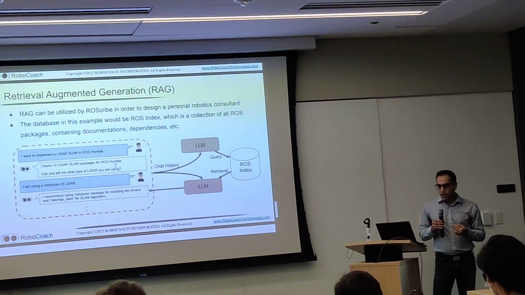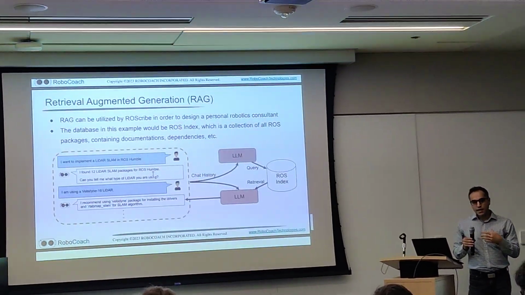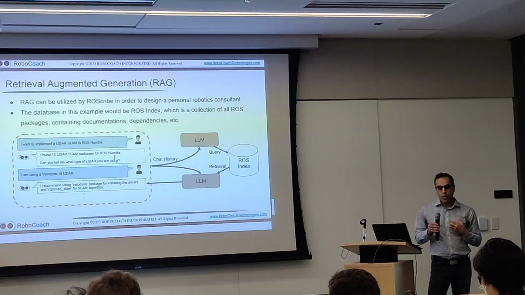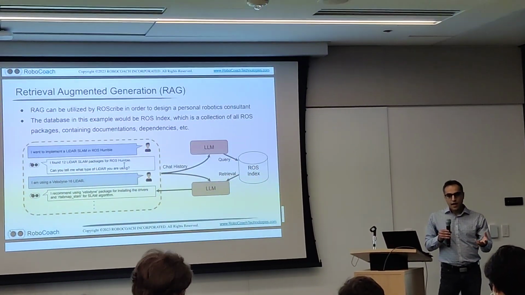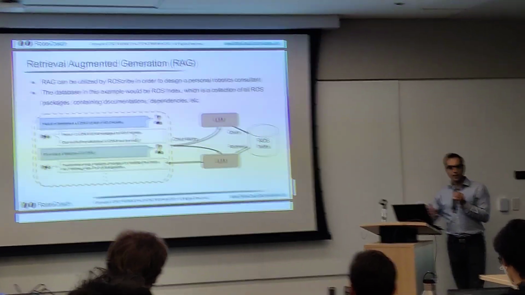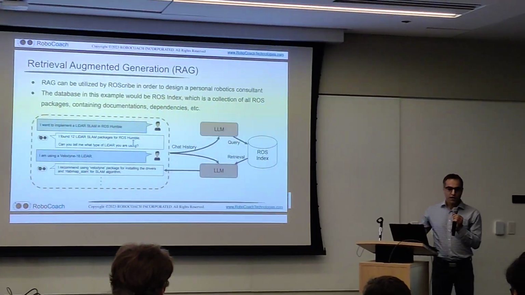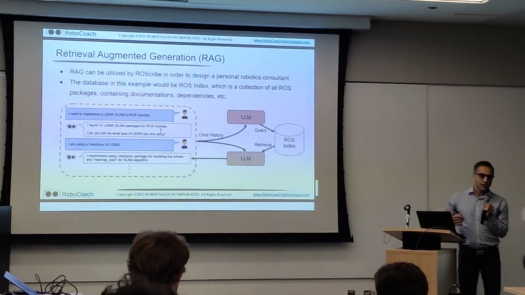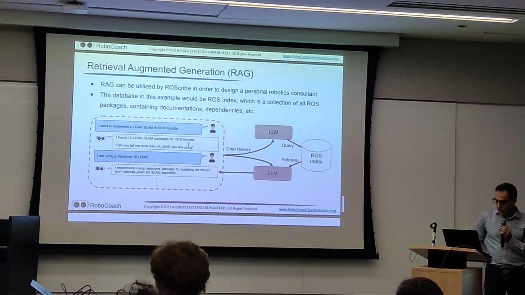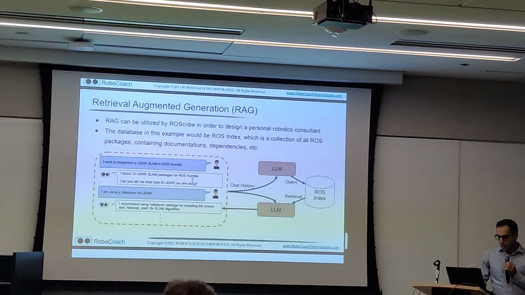The communication and the database handling are done by the LLM, which is like a robot expert that handles all the questions you have, then brings the information from ROS index and creates your software. It may generate some code, but brings some of the code from the online repositories. And that's retrieval augmented generation.